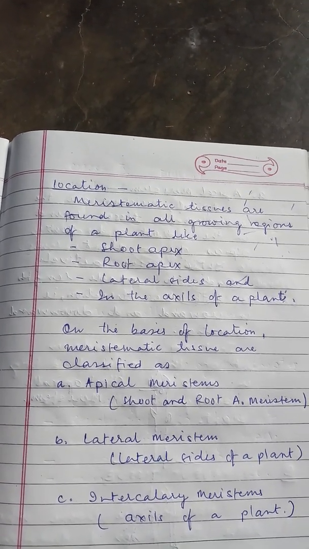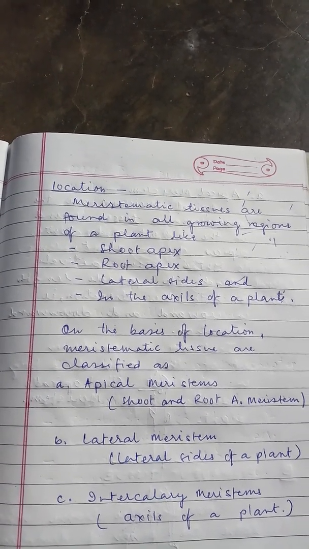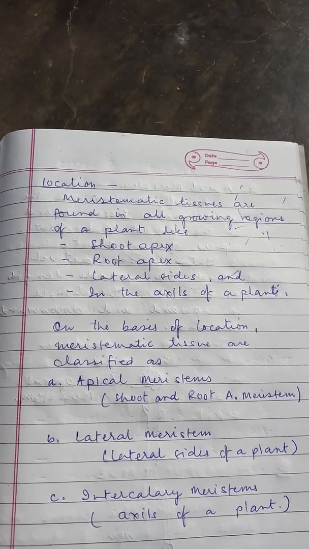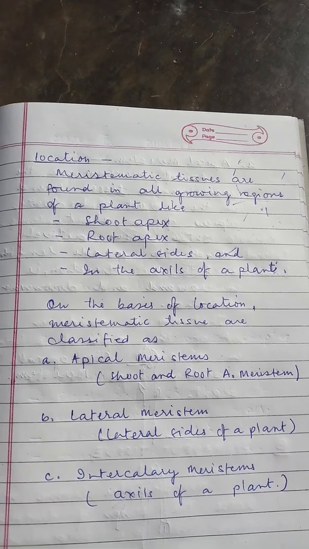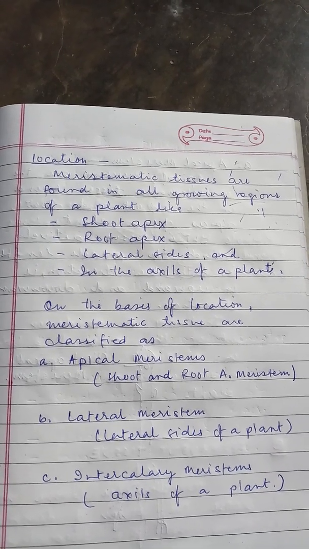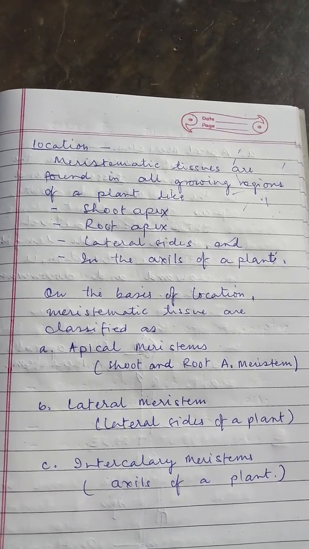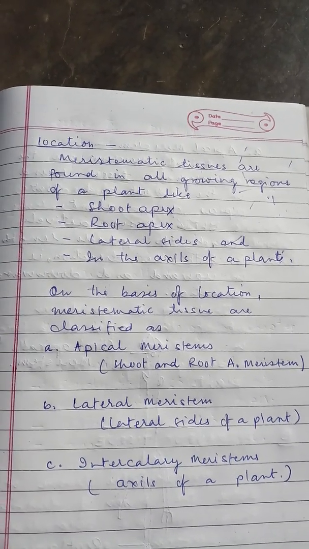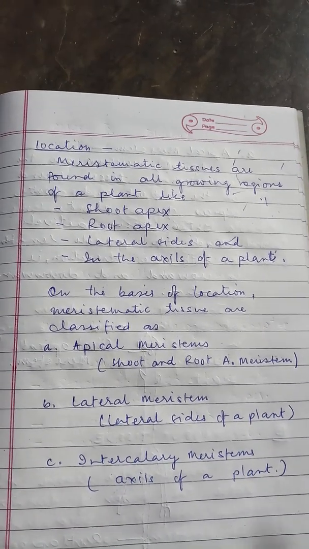On the basis of location, meristematic tissues are classified as apical meristem, that is shoot and root apical meristem, lateral meristem, on the lateral sides of the plant, and the intercalary meristem, that is in the axils of a plant.